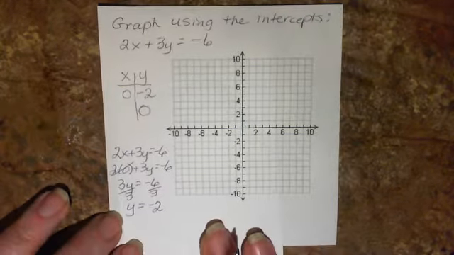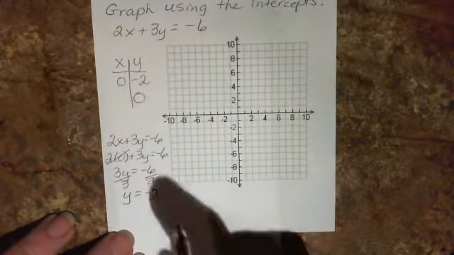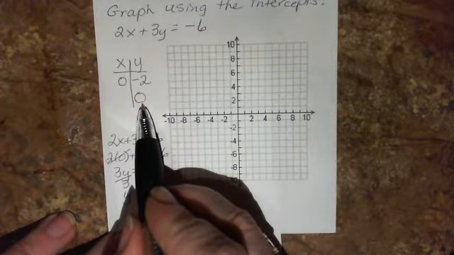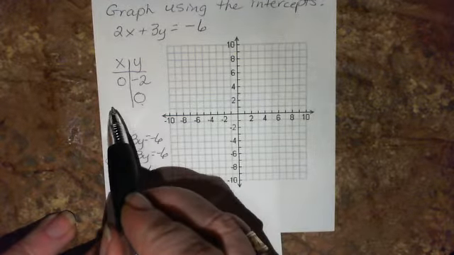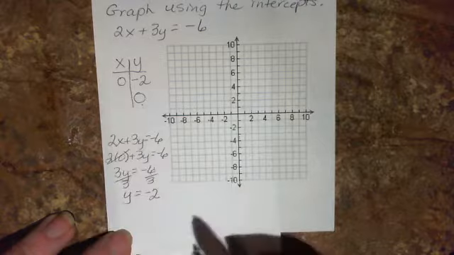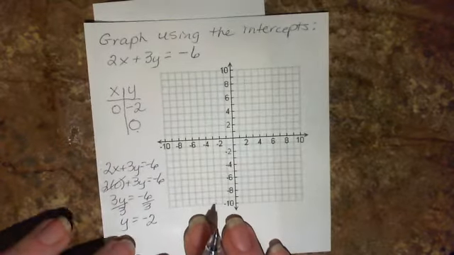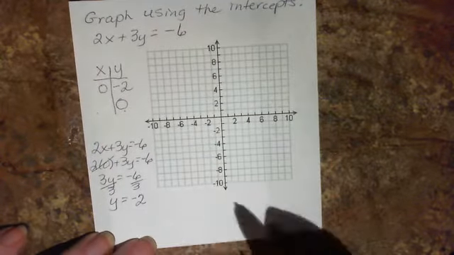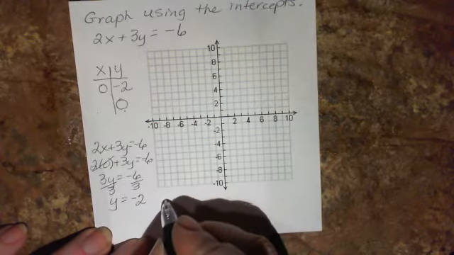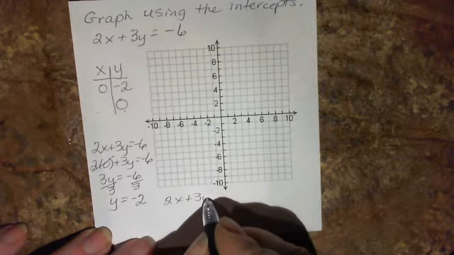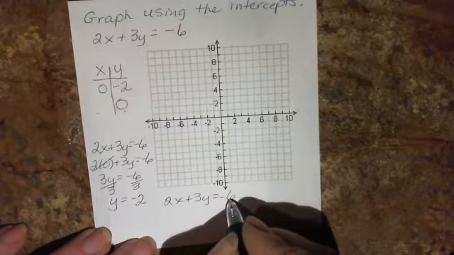And we'll repeat the process now to substitute 0 for y and find out what we get for x. So we could now rewrite the equation: 2x plus 3y is equal to -6.